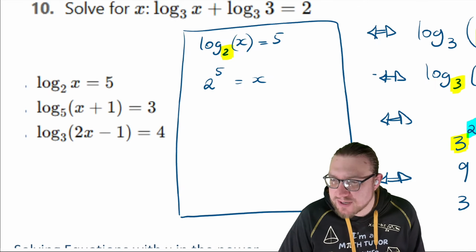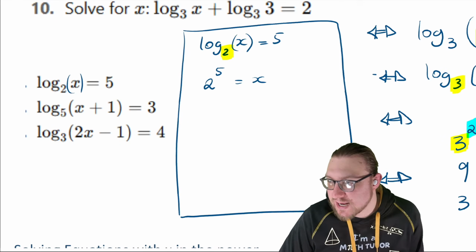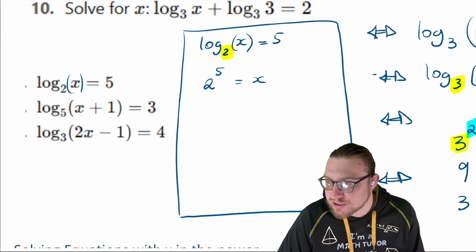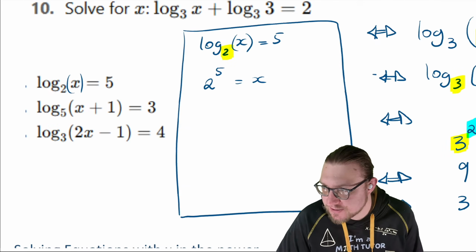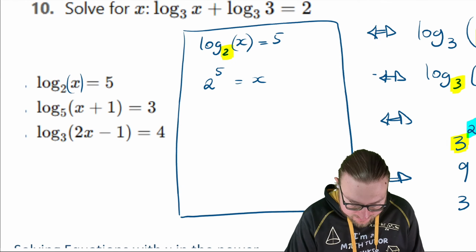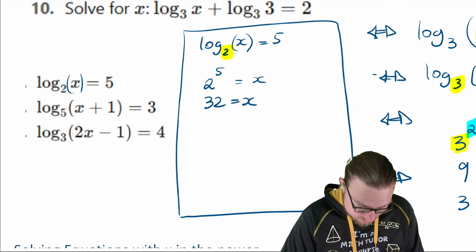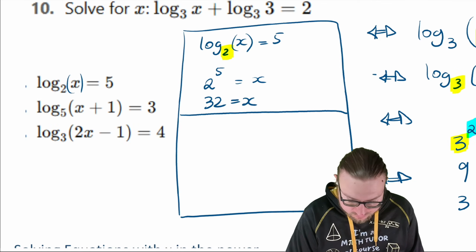Now, a lot of people are a bit lazy, they don't write the brackets. If it's just one term or one number, often we leave the brackets out, but technically that's what's in the brackets. Well, 2 to the power of 5, you can put that in the calculator, is 32. Wonderful.